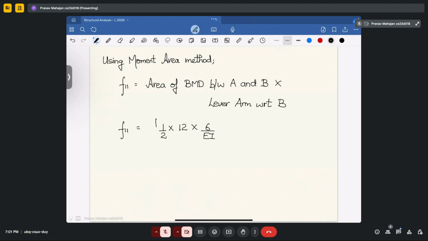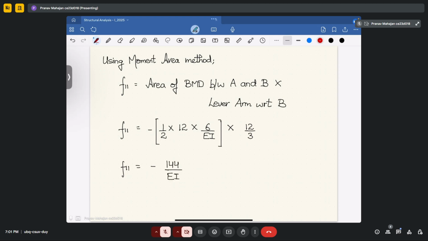Okay, now you have to multiply it with the corresponding lever arm, and that will be equal to 12 upon 3. Okay, if you solve that, you will get F11 to be equal to 144 upon EI.